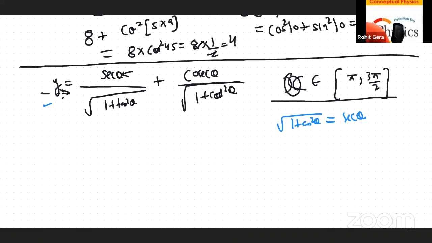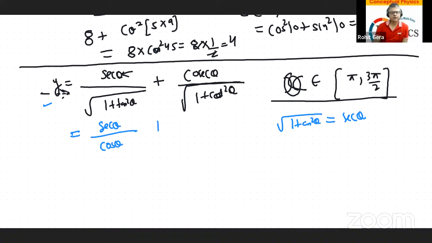Yes, I think they have to find the minimum, and the question should be: what is the minimum value of this function? Because the rule is that this is sec theta, right? And below, what you will get is cos theta.